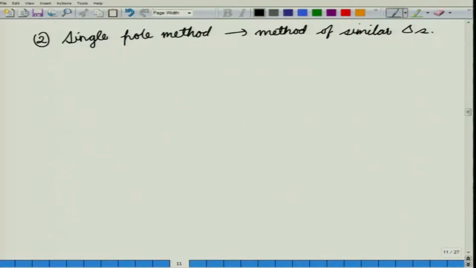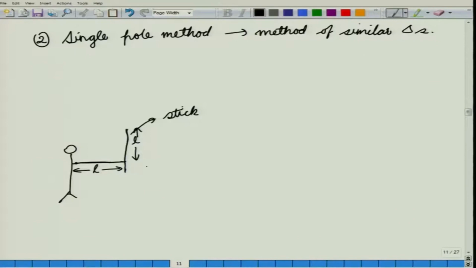In the single pole method, we have an observer who extends his arm and then holds a stick to his arm in such a way that the length of the stick, so suppose this is our observer, so this is his arm and he is holding a stick, so this is the stick, and he holds it in such a way that the length of his arm and the length of the portion of the stick that is above his arm.